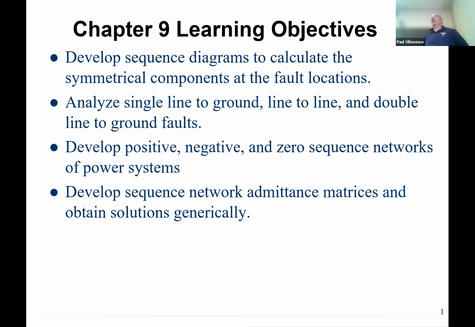So instead of asking you to calculate the zero sequence network fault current, I might say draw the zero sequence network, and then you wouldn't have to calculate the fault current, something like that. So it would be the same content and delving into the same areas, but not as much calculation, or not as much where you have to dig into things.